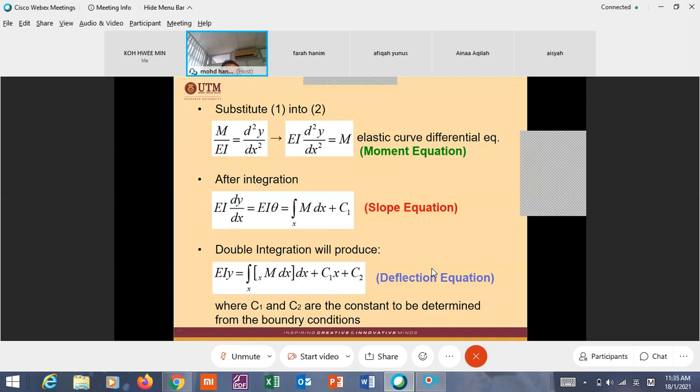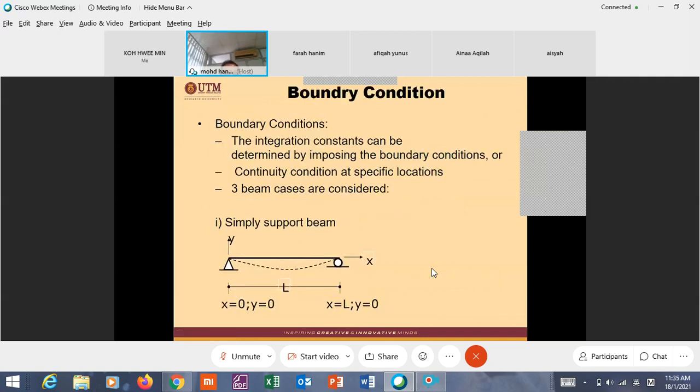So what are the boundary conditions? The boundary conditions differ in different cases. For example, here, for a simply supported beam, y is the vertical deflection. When x equals 0, y equals 0; when x equals L, y equals 0.